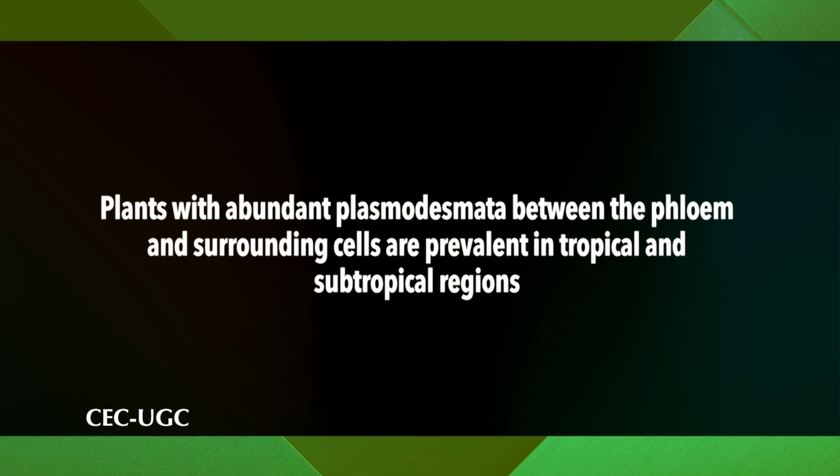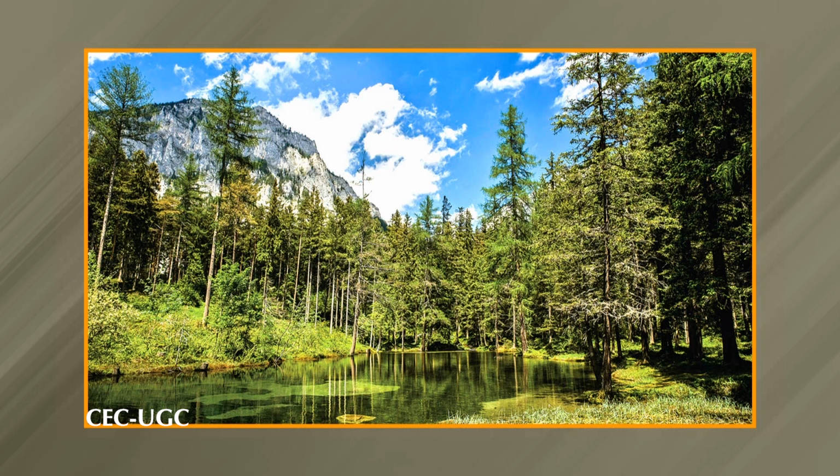Plants with abundant plasmodesmata between the phloem and surrounding cells are prevalent in tropical and subtropical regions. The plants with few plasmodesmata at this interface are found predominantly in temperate climatic zones. There are, however, some exceptions to these arbitrary generalizations.